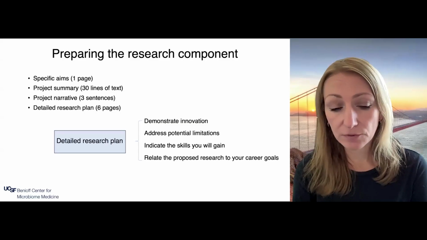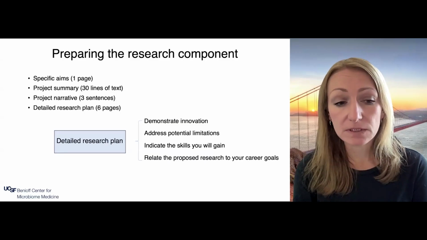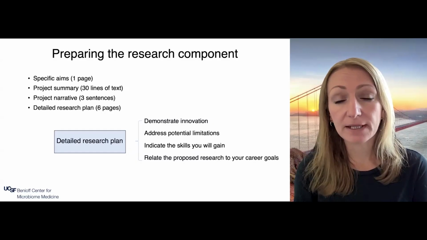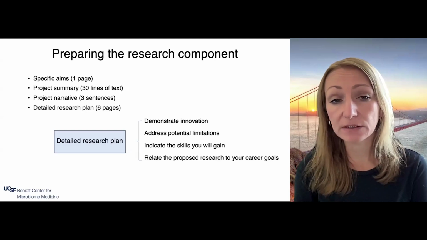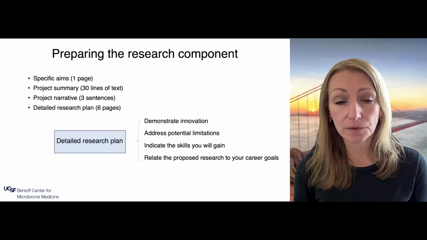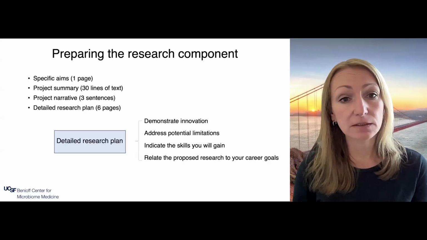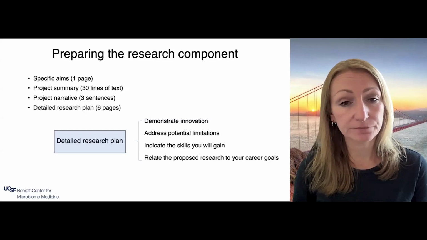That's a minor detail. So when you're preparing your research component, arguably the most important part is the specific aims page. You probably know this by now. This is the face of your application. The specific aims page will be read by every single member of your peer review panel, and so it needs to be really setting the stage for what's to come in more detail in the research plan and in the career development plan.